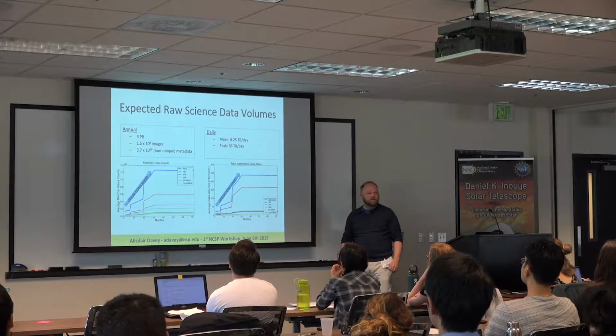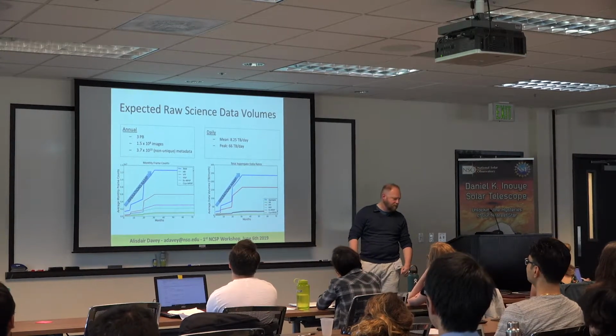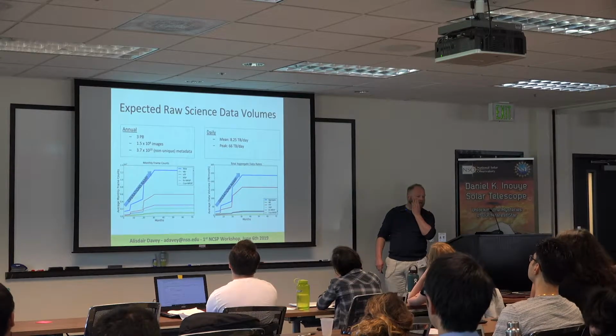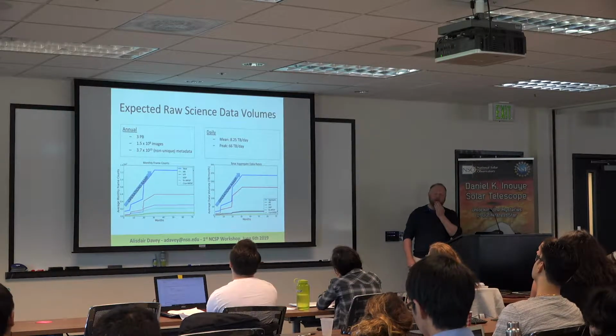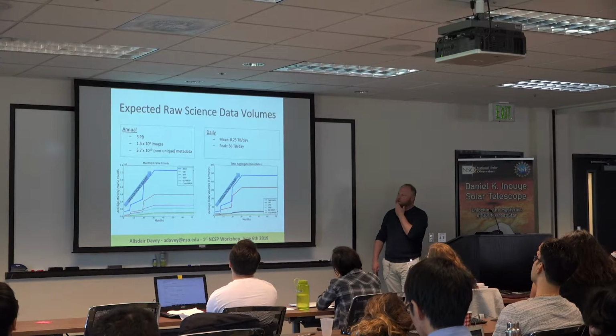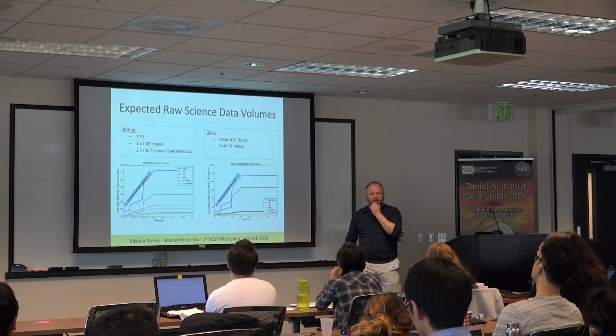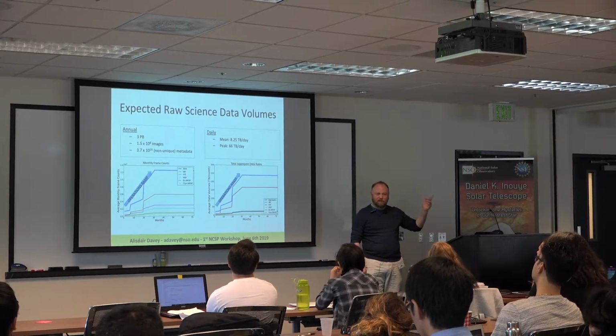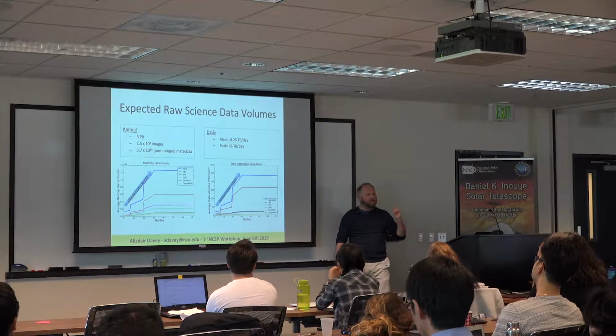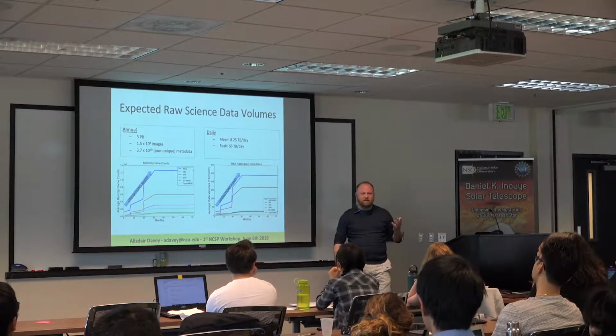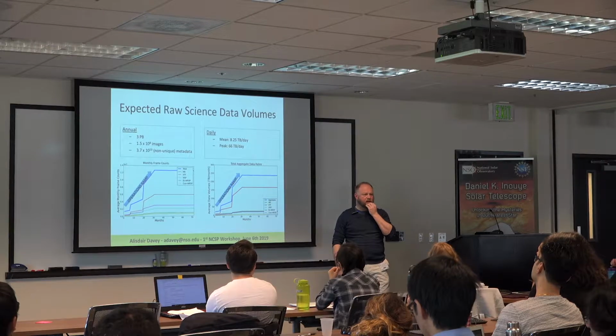To quote Douglas Adams, it's big, really big, okay? We expect to get roughly about 8 terabytes of data a day. But on days of really good seeing, especially when VTF, as you saw from Serena's talk yesterday, is cranking, we could get up to about 66 terabytes of data a day.